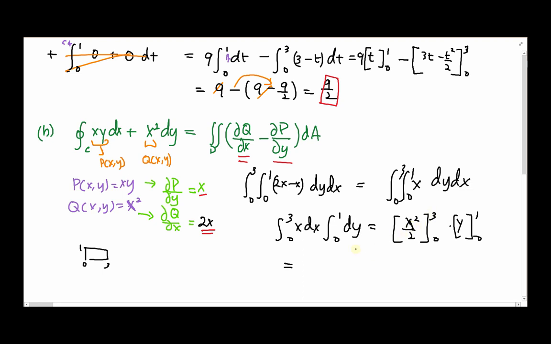So when you plug it in, you get 9 over 2 minus 0, times 1 minus 0. 3 times 3, you get 9 over 2. Well, 0 squared over 2, I'm not going to rewrite that, so it just becomes 0, and so on. So simply you get 9 over 2.